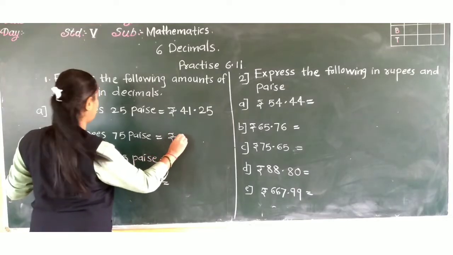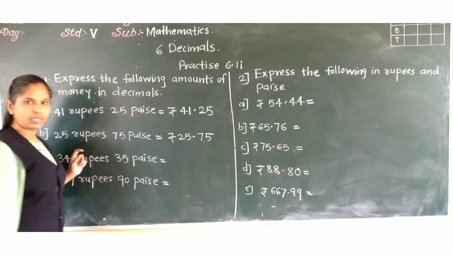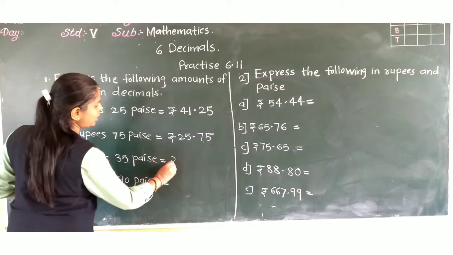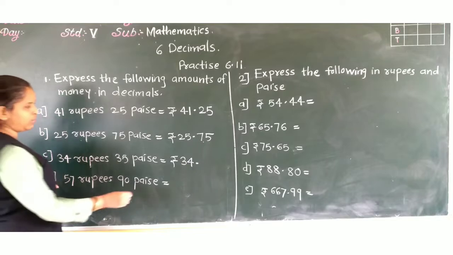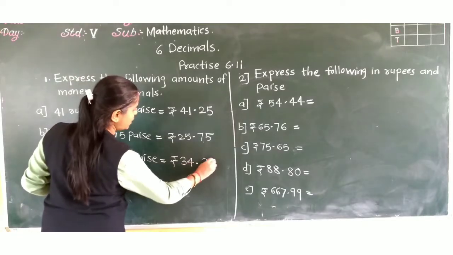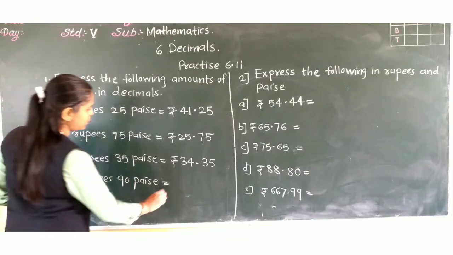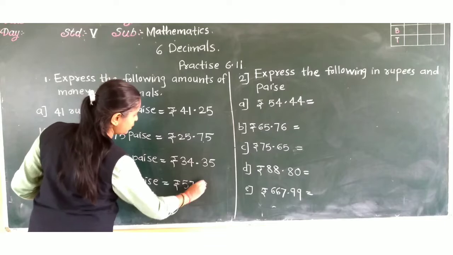So rupees 25.75. Next, 34 rupees 35 paise. So rupees 34 and after the decimal point, that is 35 paise. Here 57 rupees 90 paise. So rupees 57.90.